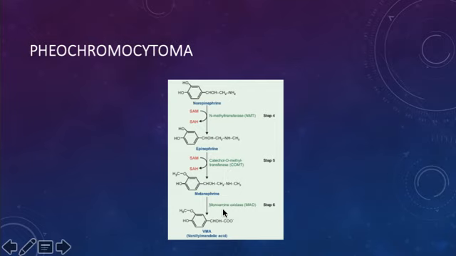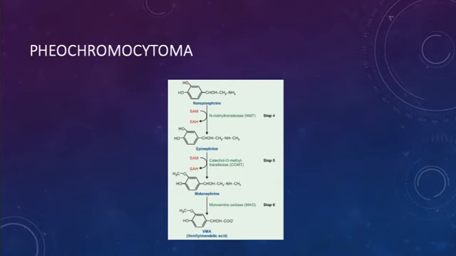Metanephrine, again in the presence of monoamine oxidase enzyme, gets converted to vanillylmandelic acid. Okay, that is VMA, and this VMA gets excreted in the urine. Okay, so now we look into the VMA, which is very important when we talk about pheochromocytoma.